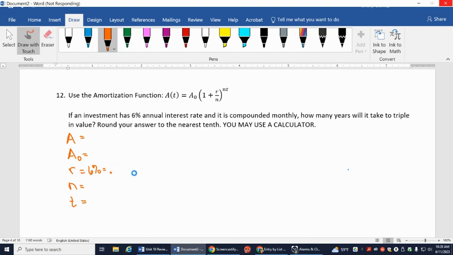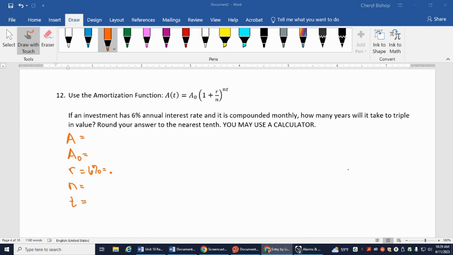It could be because the calculator's opening. Okay, we are back and good to go. So 6%, we're going to write that as 0.06. And it's compounded monthly. Where does that go?